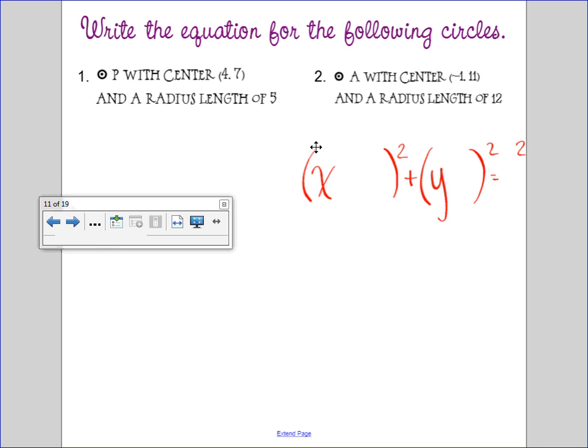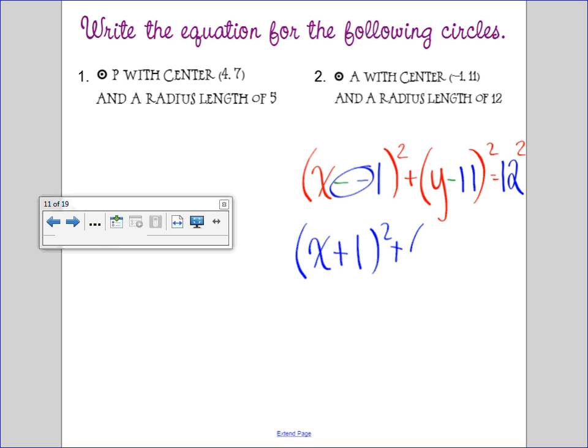Alright, so normally you're doing x minus and y minus. So here I have minus -1, minus 11, and then 12 squared. Okay, so anytime that you are subtracting a negative, that becomes a positive. Okay, so remember that. And then 12 squared is 144. Good.